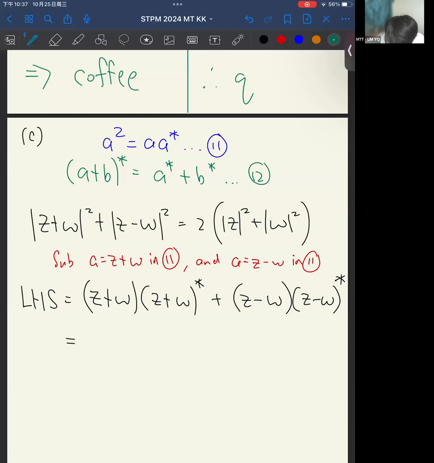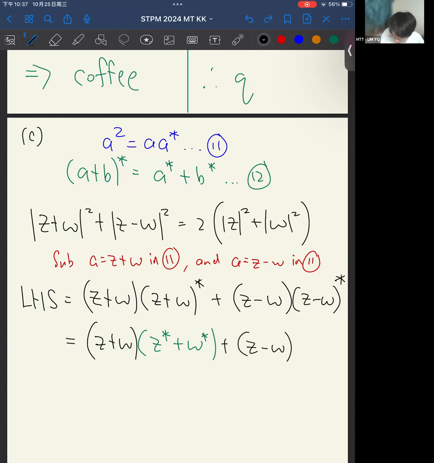If you are interested, you can try to prove it, but this is the theorem you will be using. So using equation 12, this one becomes Z conjugate plus W conjugate plus Z minus W, and this is Z conjugate minus W conjugate bracket.